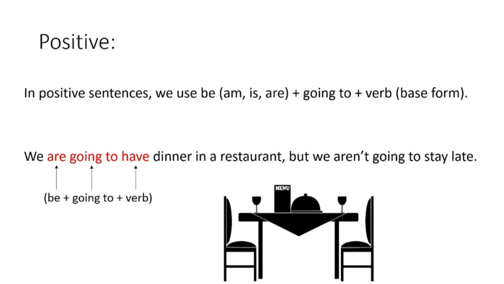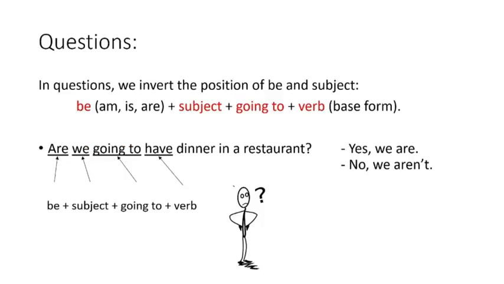Okay, so that's easy. For questions, we need to invert the position of the subject and the verb be. So we put be first in one of its forms, am, is, or are. Then we put the subject, and then going to, and then the verb in its base form. For example, are we going to have dinner in a restaurant?